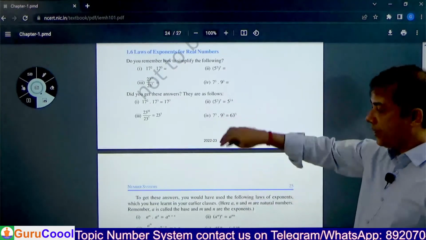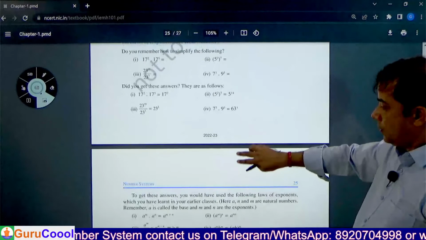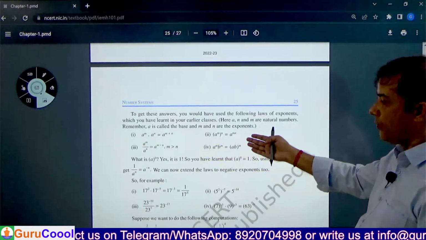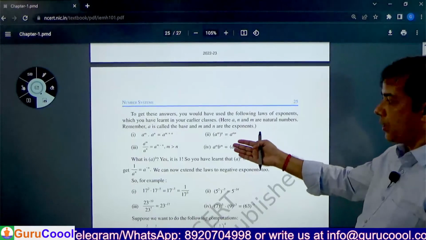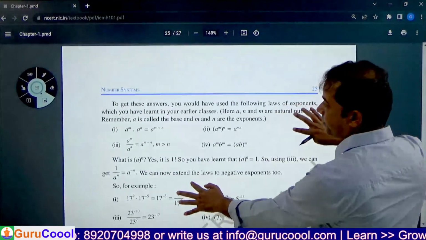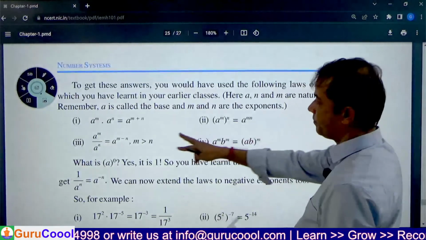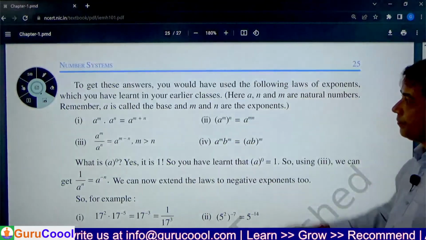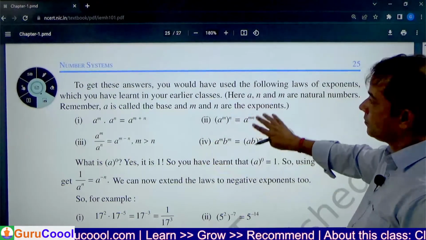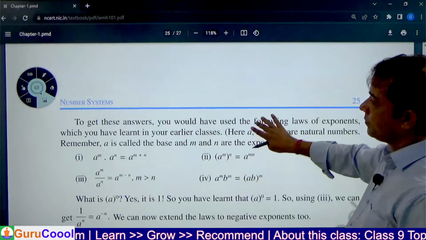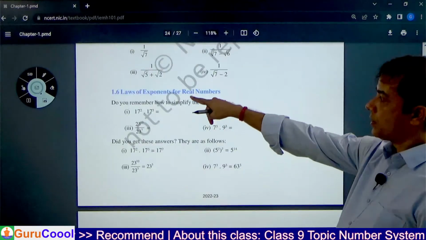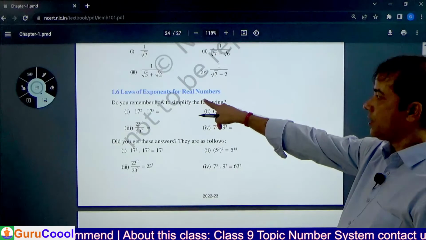And this is what we are doing. All the laws of exponents are mentioned here, but this is in brief only, not in more detail. Can you read it? Yes, sir. Laws of exponents are given, and the topic is mentioned here: 1.6 topic, laws of exponents for real numbers.